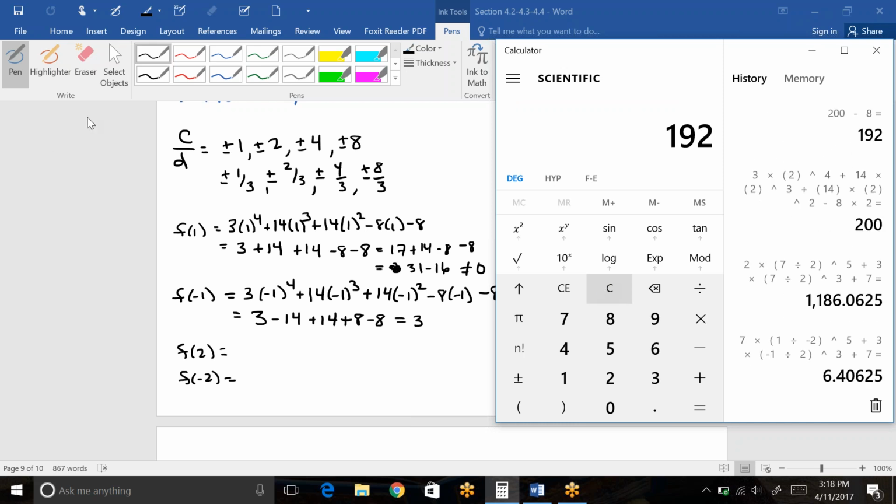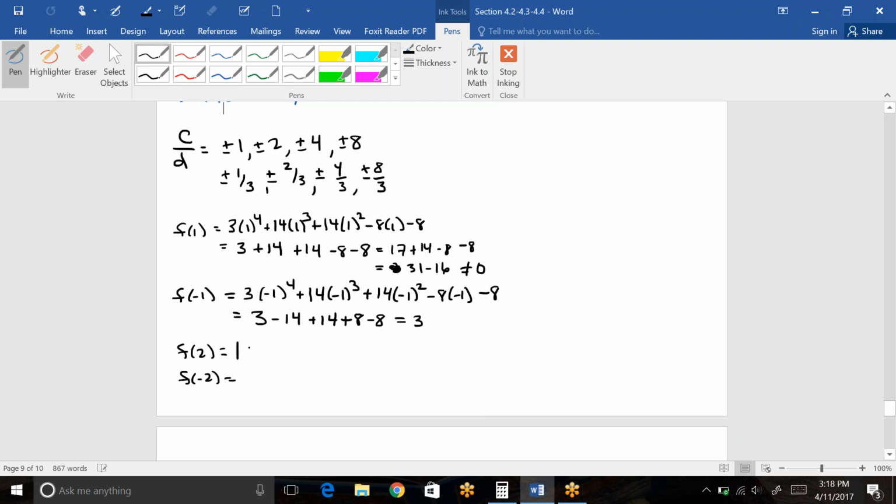So I'm getting 192 on that one, and that's if I typed that all in correctly. But that is definitely not 0. So far, nothing is equal to 0.